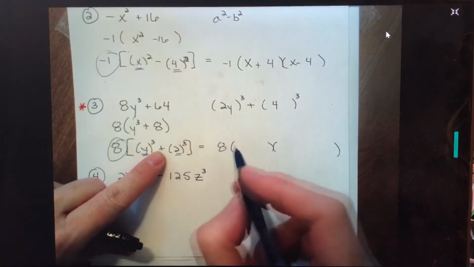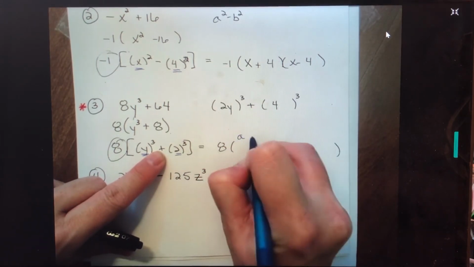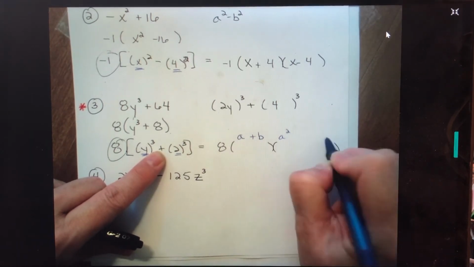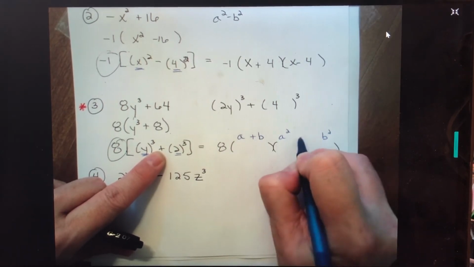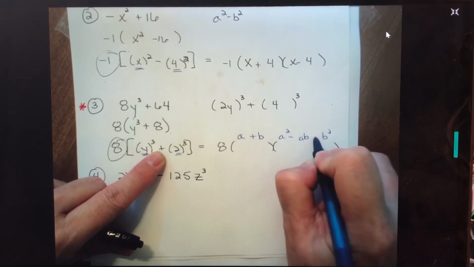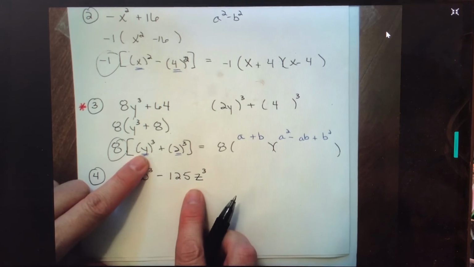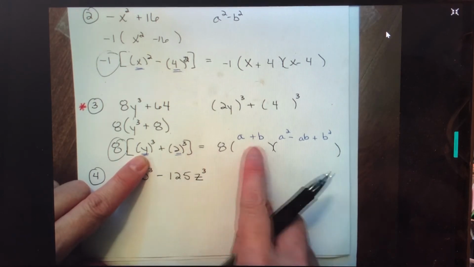So on the sum of cubes, we have the a plus the b, that's what's going to go there, and then we have a squared, b squared, a times b, negative, and plus. And so we are going to use this as our a, and this is our b, and fill them in.